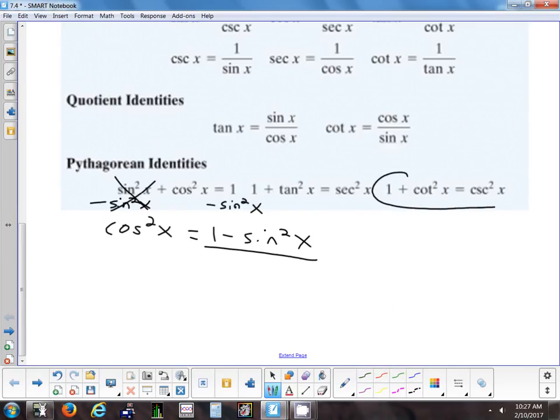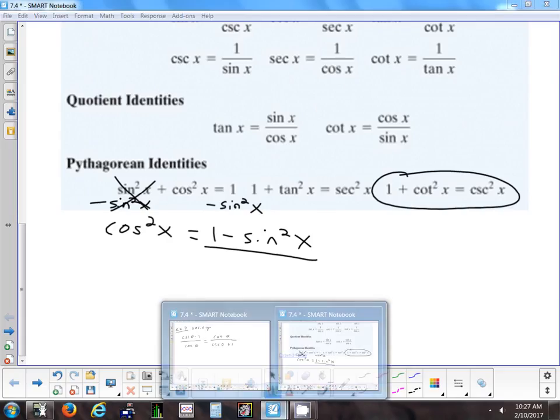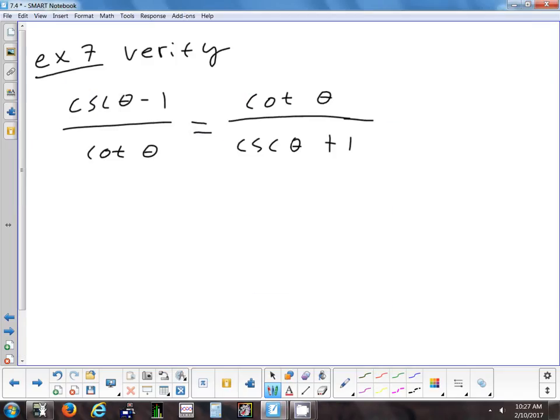Probably going to be using this one, because I have a 1 and a cosecant. So when you FOIL it, you're going to end up with a cosecant squared. Okay, so it's going to be this one somehow. Any questions on how you do that one?